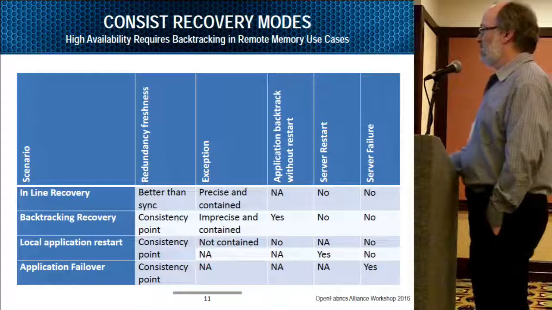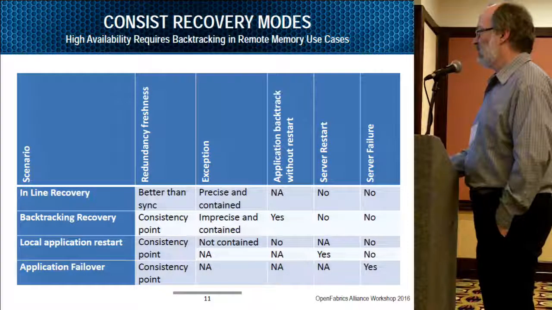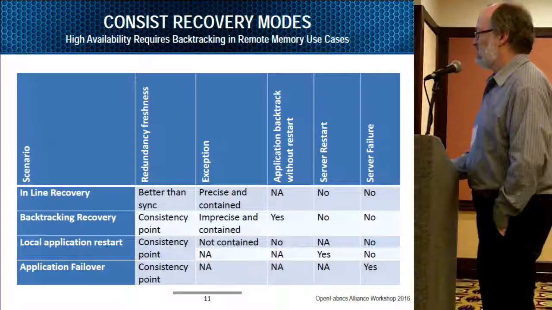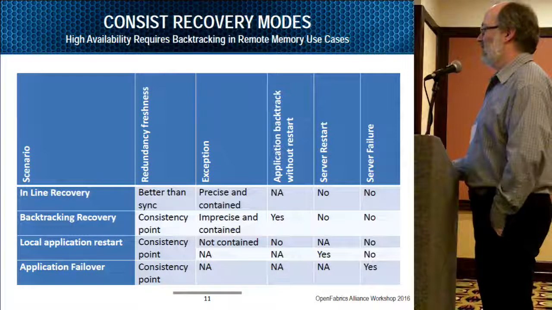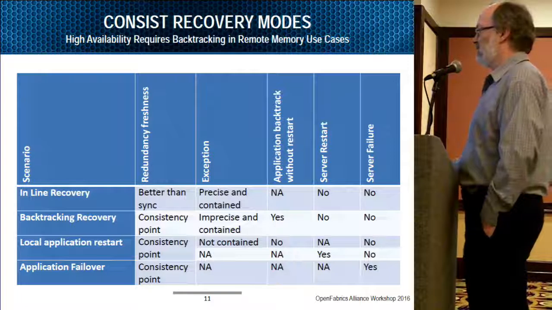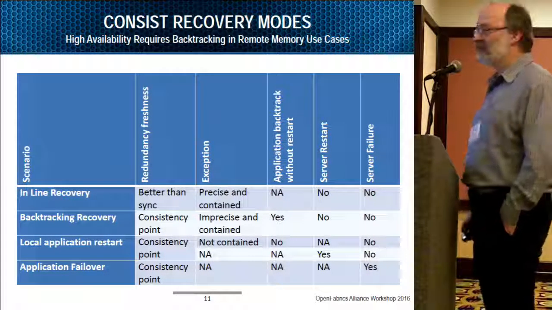If you don't know the instruction, you might be able to do backtracking recovery as long as you know the location. But if you don't know either, or if your application can't do backtracking, you're going to have to do a local restart. Or obviously, if you were forced into a restart for some other reason, or if you lost hardware, then you have to do one of these more extreme things.